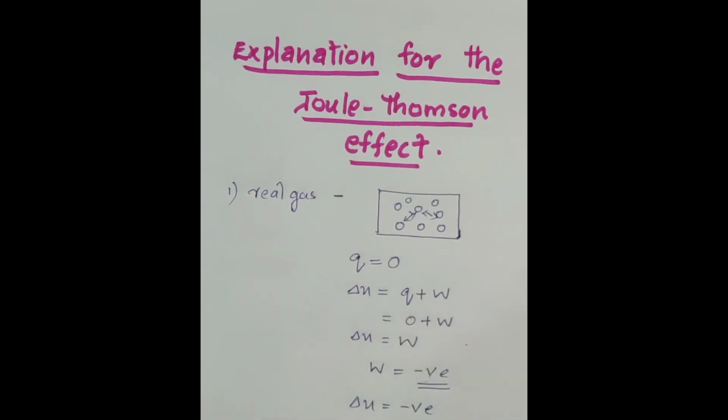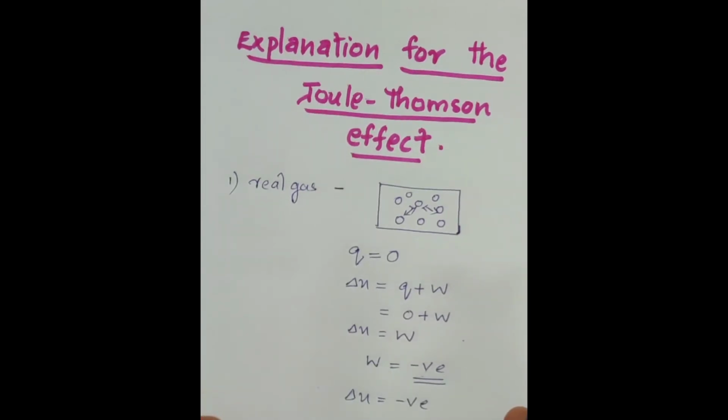I'll explain once again. Delta U, that is internal energy, is equal to W. Here work is done by the system, hence we take work as a negative quantity. So in Joule-Thomson adiabatic expansion, work is done at the expense of the internal energy of the system, which is a function of temperature.